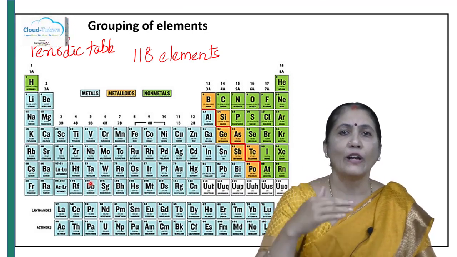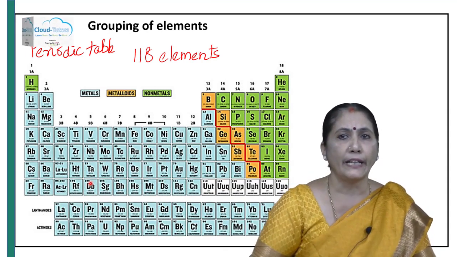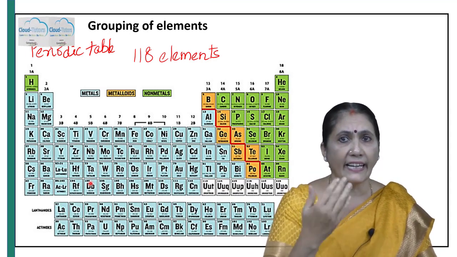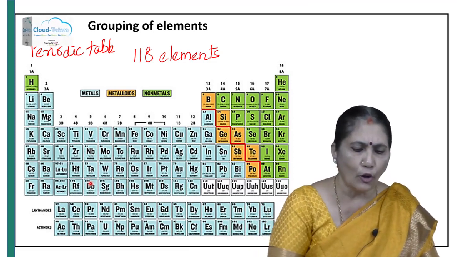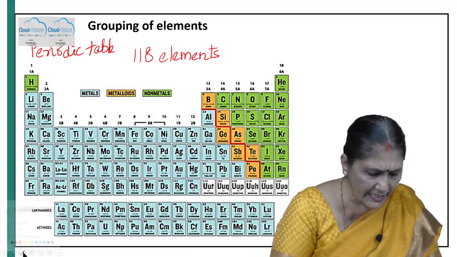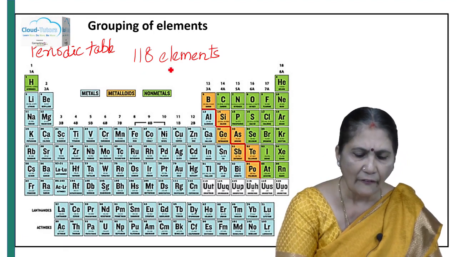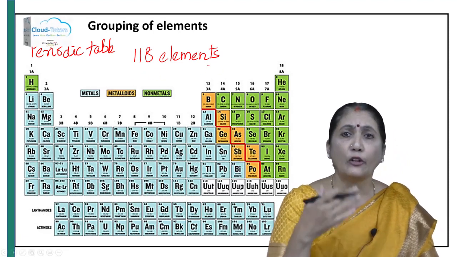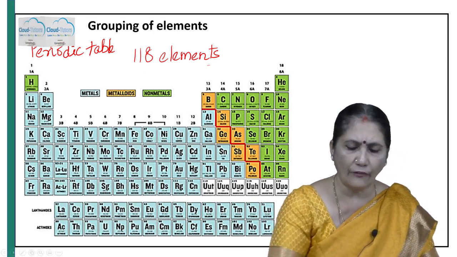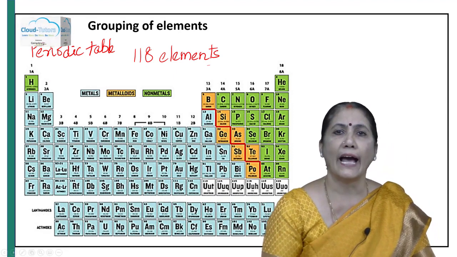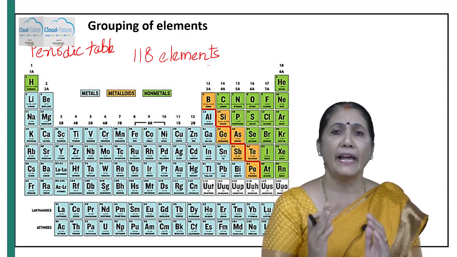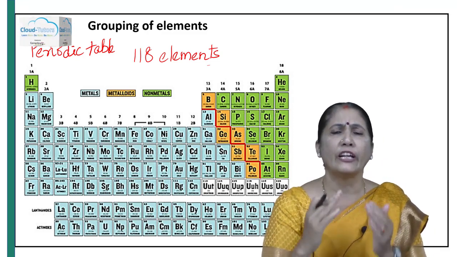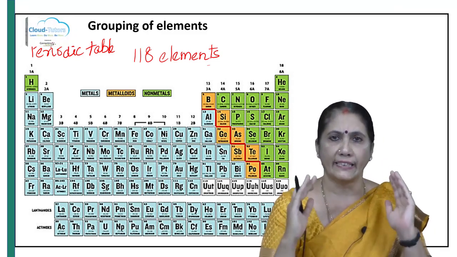One is known as the physical property, and the other category is known as the chemical property. So all these 118 elements were very well grouped in this kind of table, which is known as the periodic table. So this table makes the study of chemistry very, very easy.